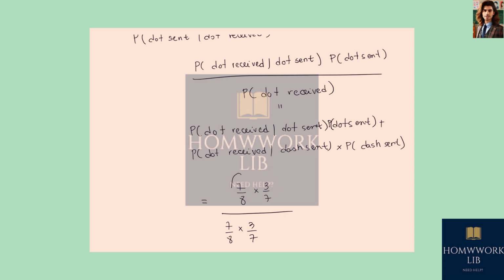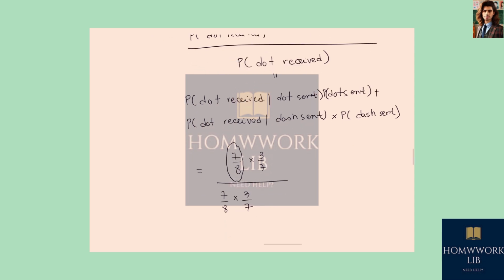That means we receive and send the same code correctly with probability 7 over 8, and the probability of sending a dot is 3 over 7. Then we do the same thing here, 1 over 8 times 4 over 7. And that is 21 over 25, which is 0.84.